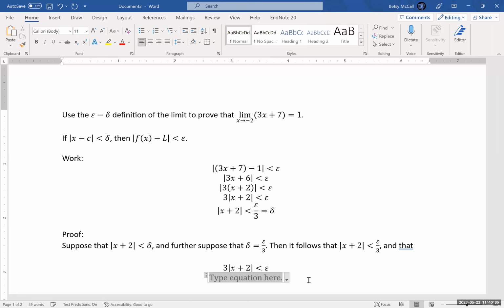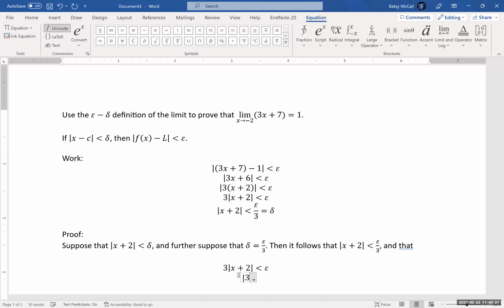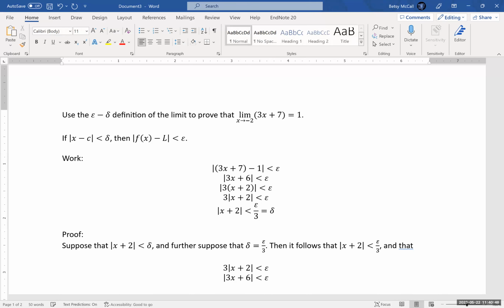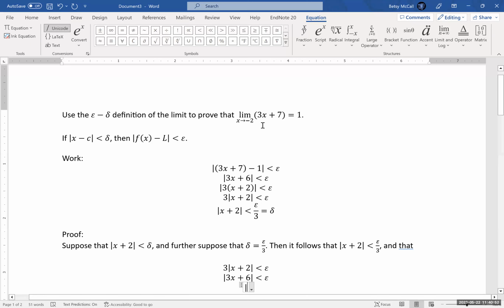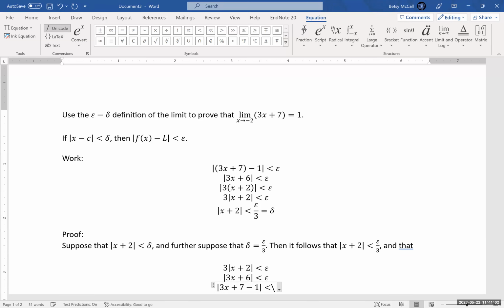So now we bring our 3 inside the expression, and then we rewrite it in terms of our function: the absolute value of 3x plus 7 minus 1 is less than epsilon.